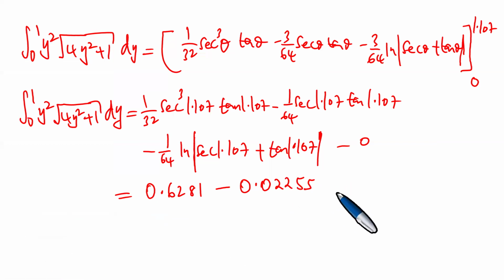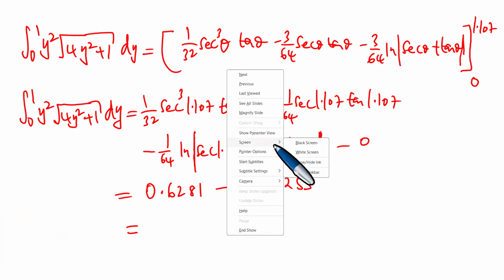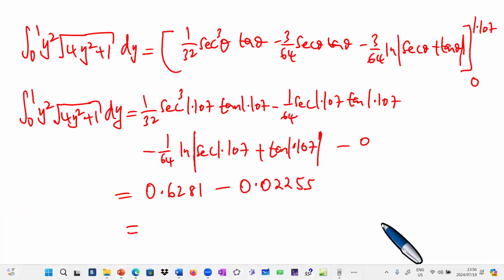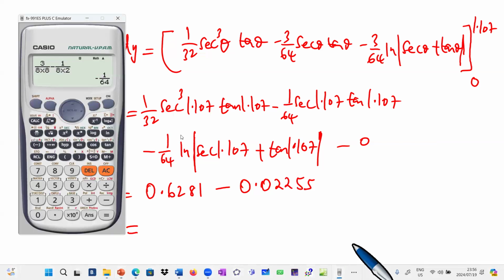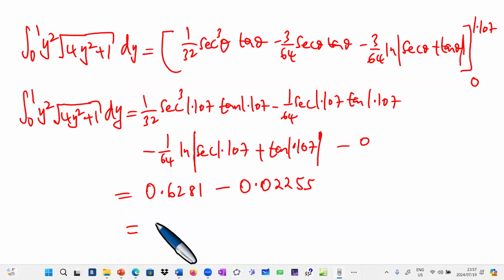Right, so you can even do it at the bottom here. If you use a calculator to verify what this is, I'm sure it's going to work. So what you're getting is 0.6281 minus 0.02255, which is 0.60 in those digits.